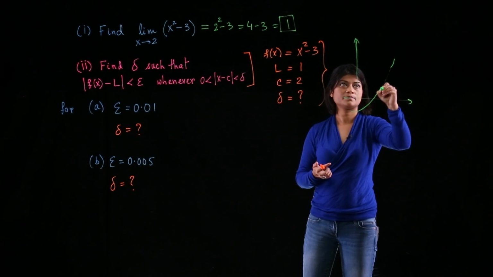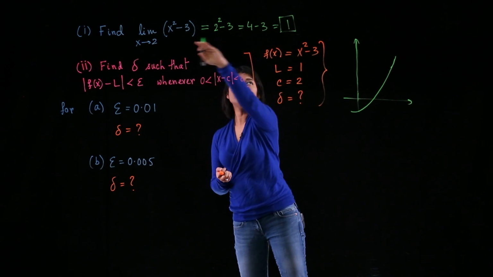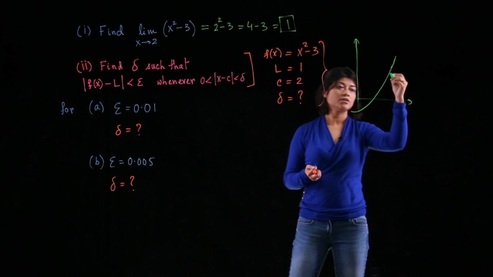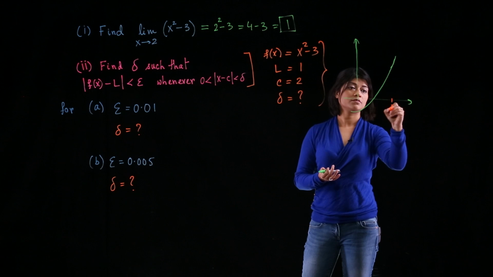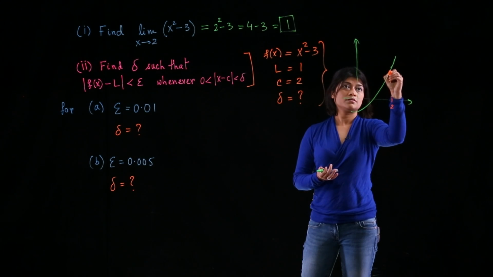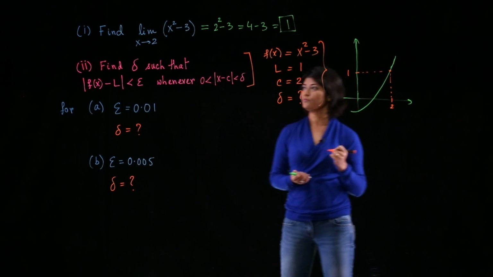It's a parabola. And we know that as x is approaching 2, the function is approaching 1. So say 2 is somewhere here, and it's approaching 1, somewhere here, all right?